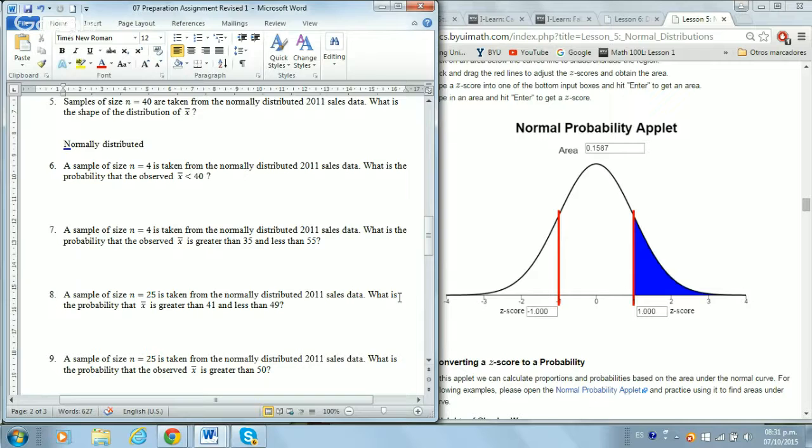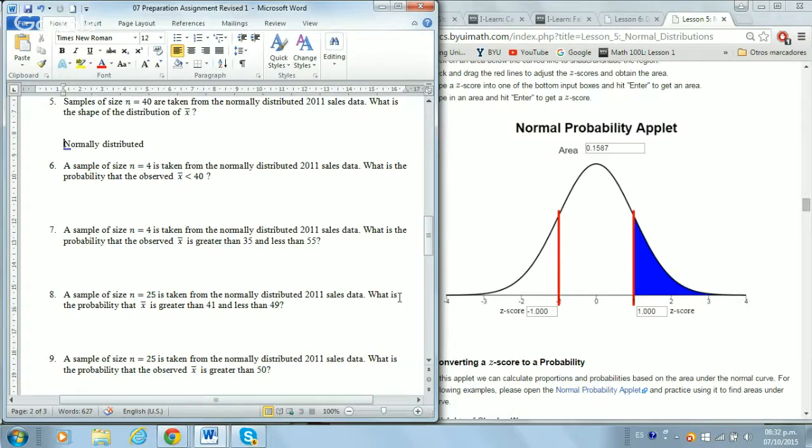So you would take 35 minus 45, which is the mean. And then you divide that by 10 divided by the square root of 4, which is 5, and you would get -2. And then less than 55, so you do 55 minus 45, and then you divide that by 5, and that equals 2.